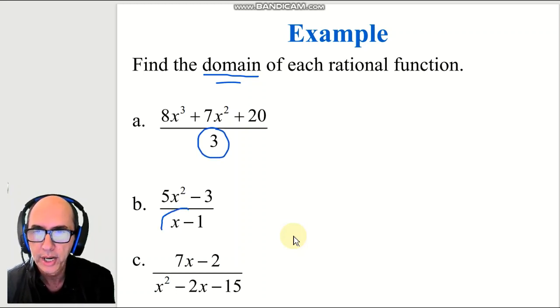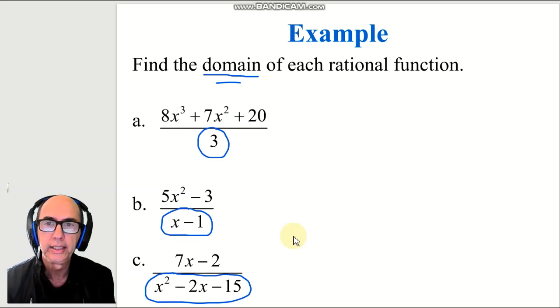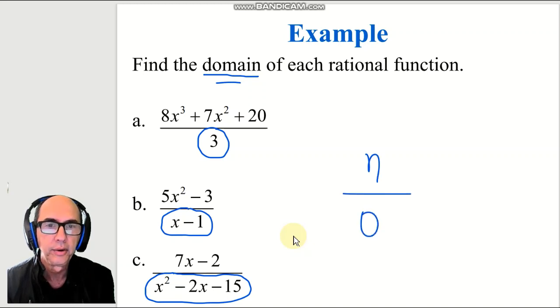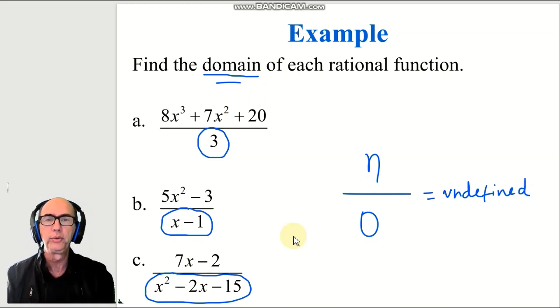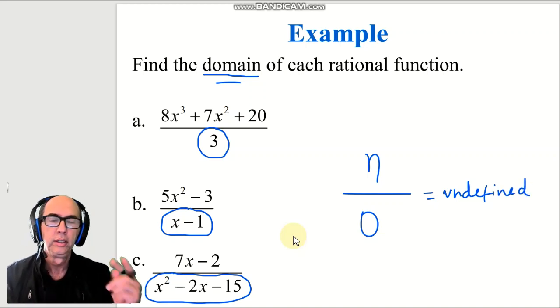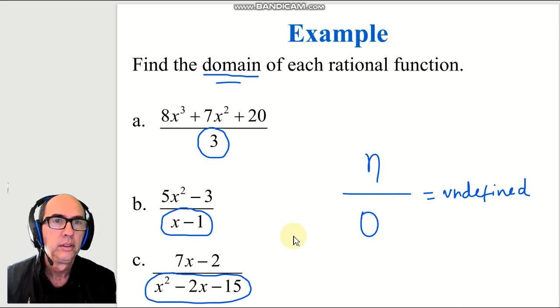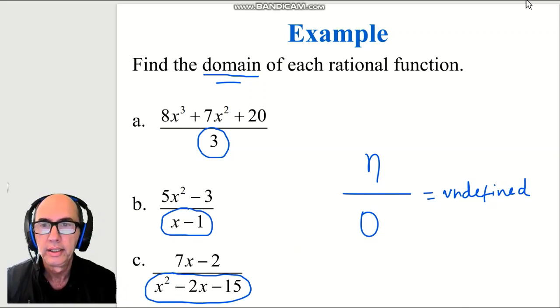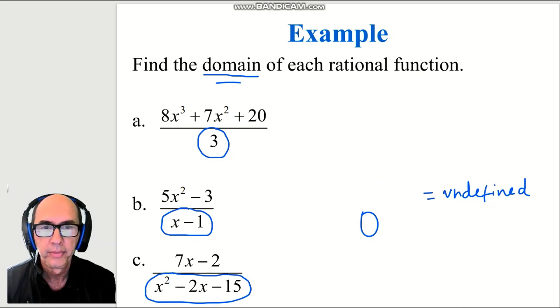Forget about the numerator, only look at the denominator. The denominator cannot be zero. Remember, any number over zero is undefined. In a function, we cannot have undefined. We need to have each input with one output. So we cannot have zero in the denominator.